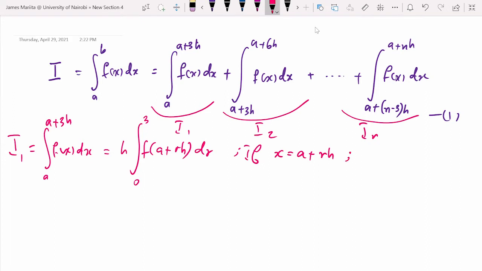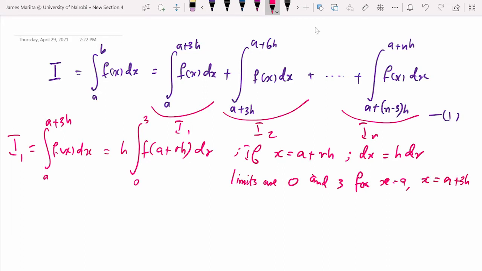And then, of course, from which we can find dx to be h times dr. That is how, once we make this substitution, f of x changes to f of a plus rh. Then now we integrate with respect to r. Then the limits of integration, of course, will change to from 0 to 3. So the limits are 0 and 3, for x is equals to a, and x is equals to a plus 3h.